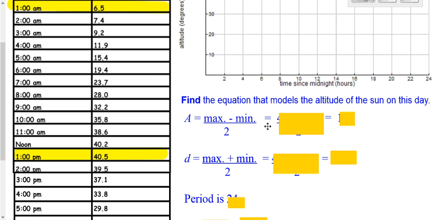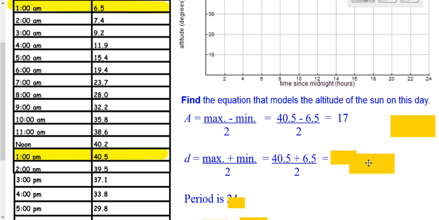So I'll go my max of 40.5 minus my min of 6.5, work that out, and I end up getting 17. Then it's easy to find D because it still deals with max and min. So I'll take my 40.5 plus my 6.5 over 2, and that gives me 23.5.